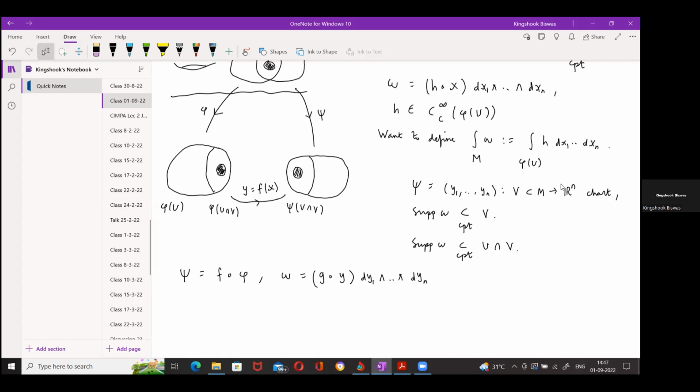So that means that this is equal to psi star of the form G dy1 wedge dyn on Rn, right?